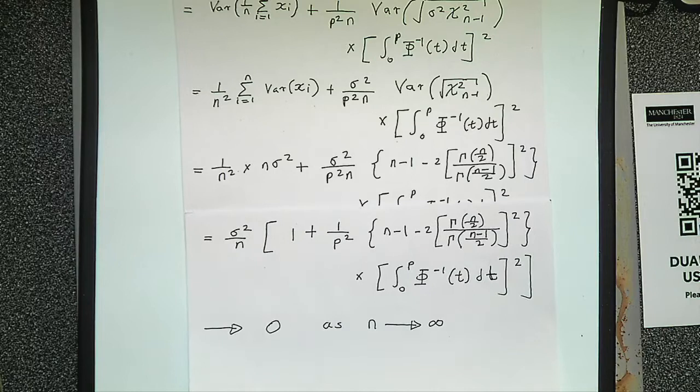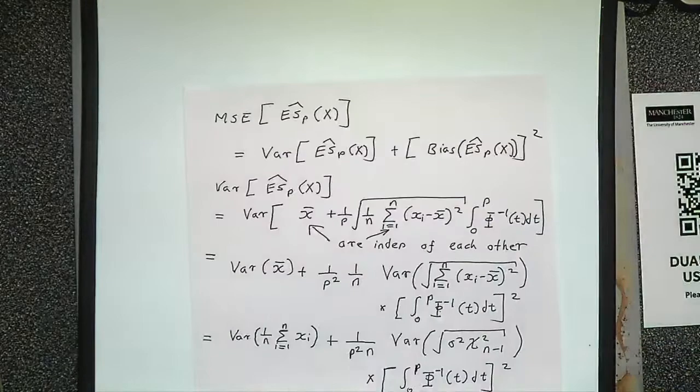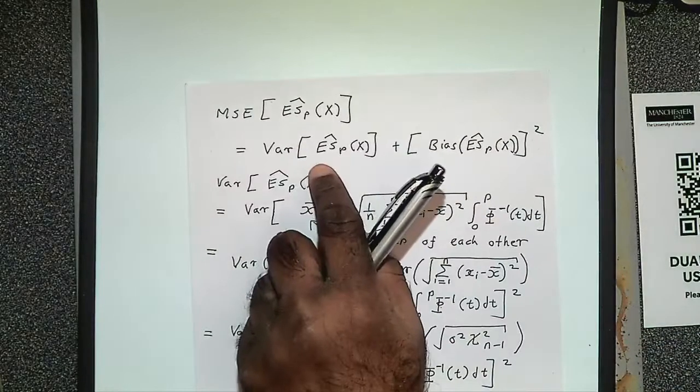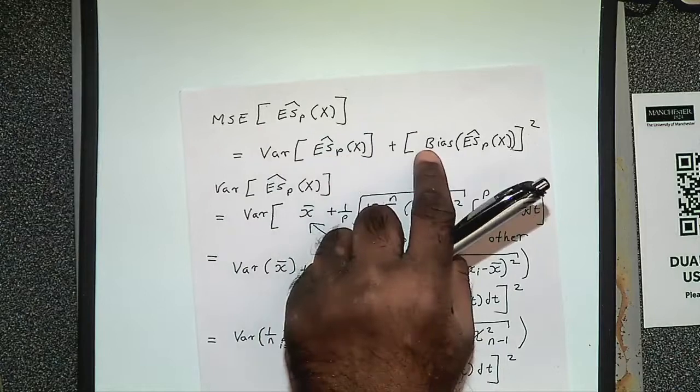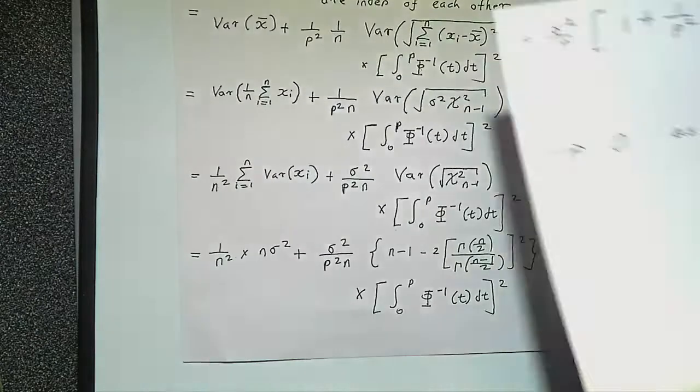So what we have shown is that the variance of the estimator for ES approaches 0 as n goes to infinity, and we also showed earlier that the bias goes to 0 as n goes to infinity. So going back to the formula I wrote earlier, that the MSE is the variance plus the square of the bias, what you can conclude is the following.